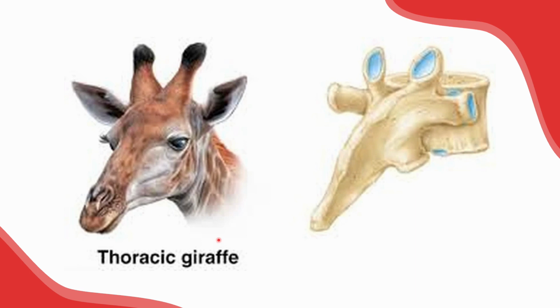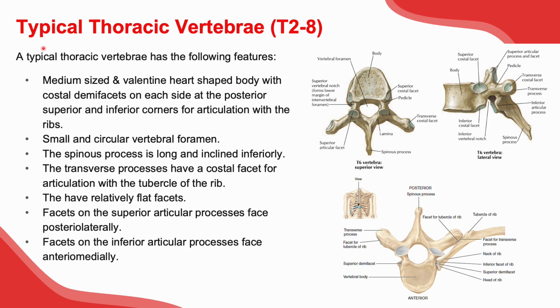The thoracic vertebra resembles a giraffe nicely, and this is a good visual for you to memorize the difference between the vertebrae. So, just as a recap, we said that in the cervical spine, you have to look for the smiley face. And now in the thoracic segment, you should look for the giraffe. The typical thoracic vertebrae are T2 to T8.